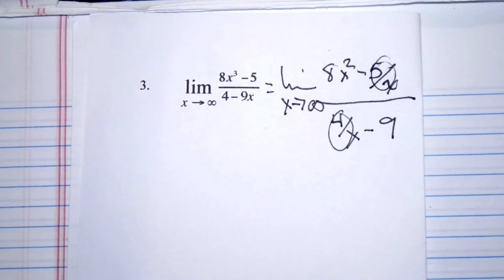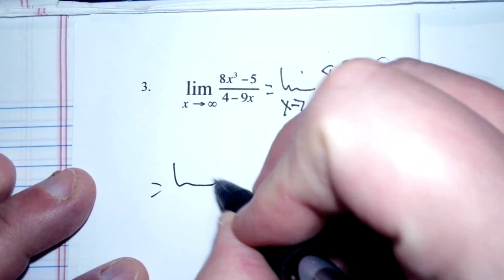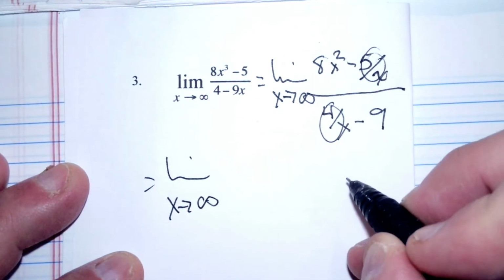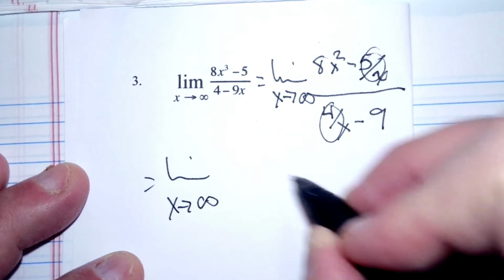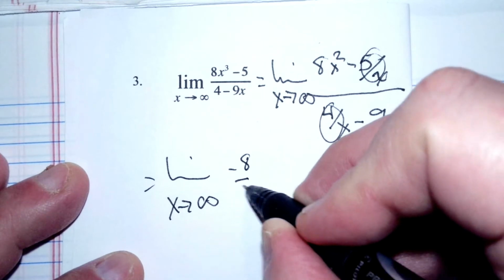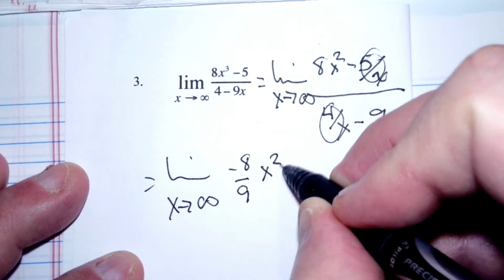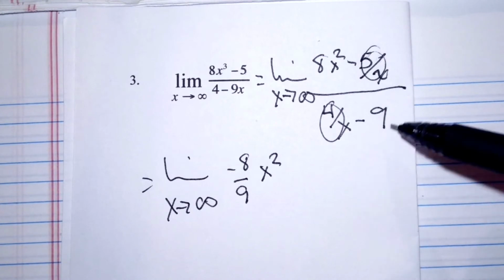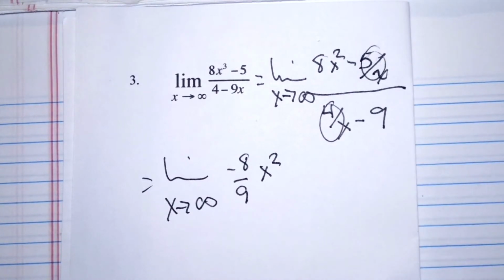Now, what we've really got is the limit as x tends to infinity of minus 8/9 x squared. The 8x squared divided by minus 9 is the same thing as minus 8/9 x squared.